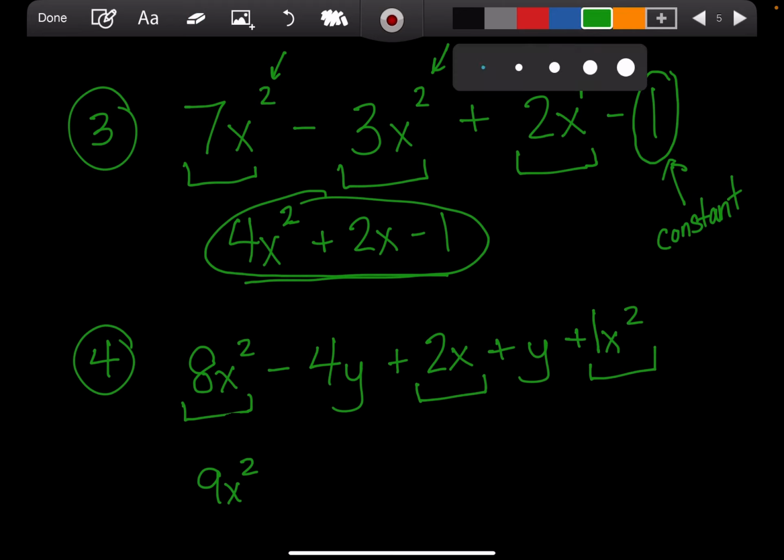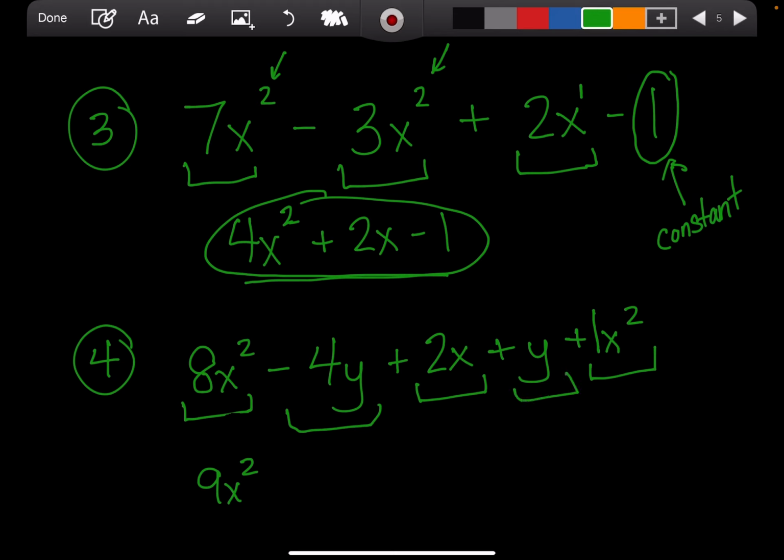Okay, so now we got to check, I combined the 8x squared and the 1x squared. Can I combine any other terms in this expression? So I've got a negative 4y here, and I've got a y over here, and that's technically a plus 1y, right?